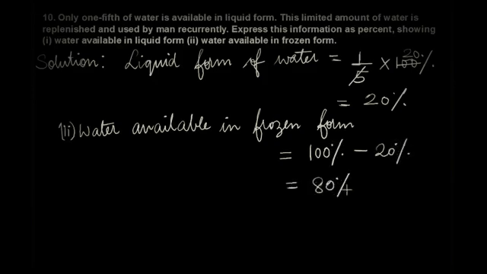So this 80% of water is in the frozen form. So firstly the answer is 20%. Then we have 80% as the water in the frozen form, and these two are the required answers.